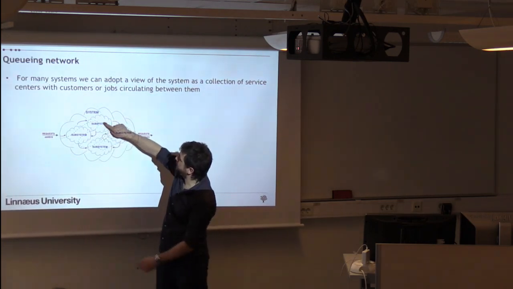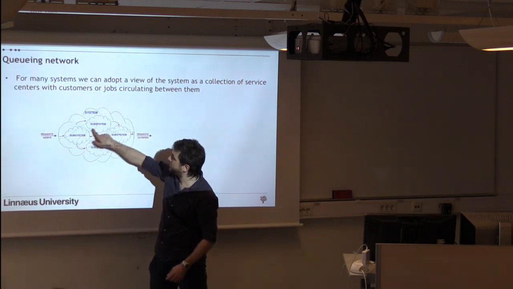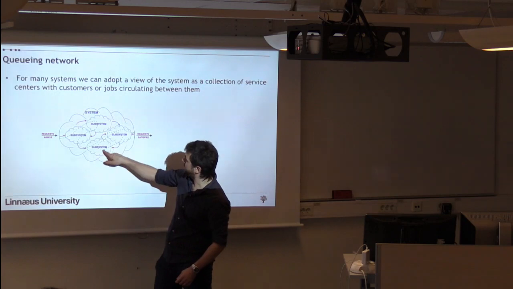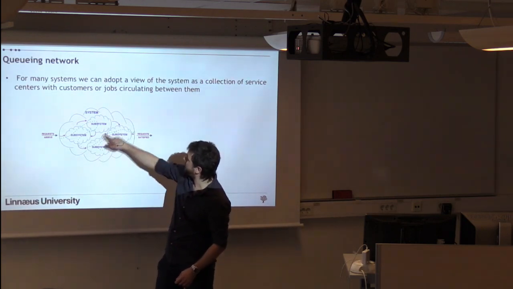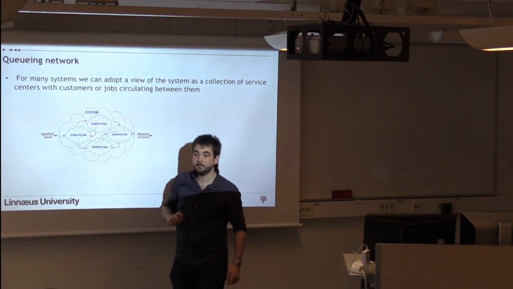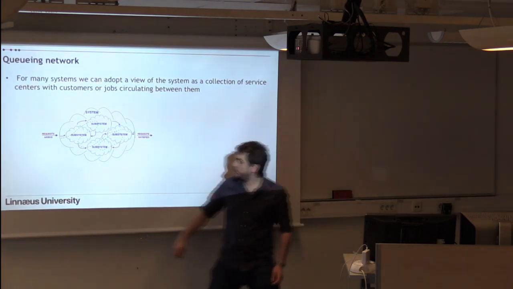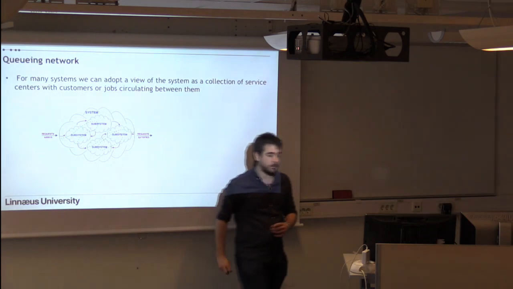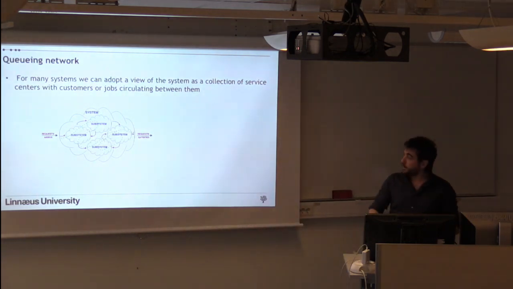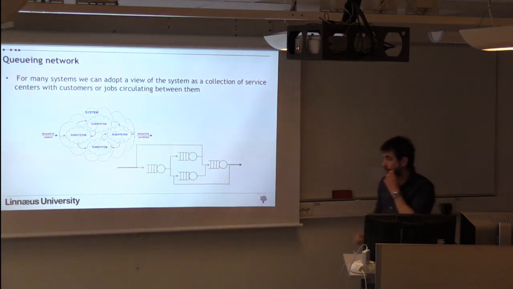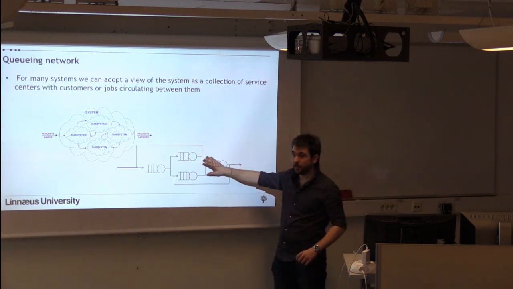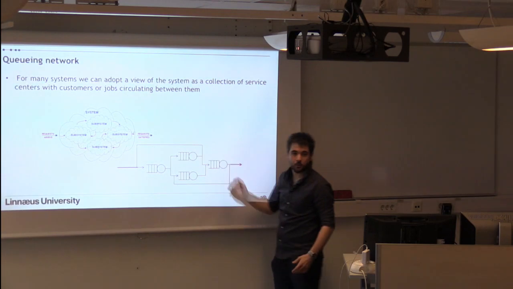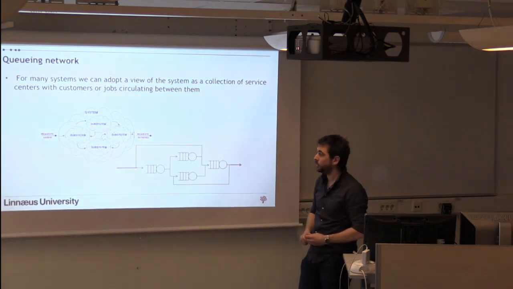From this subsystem, they can come here or come back here, and from here, they cycle or they leave. It could be a web server, application server, database, some subsystems. If we can compose like this, we can also compose our service centers, each a service center with a queue, and create a network of queues, a queuing network.